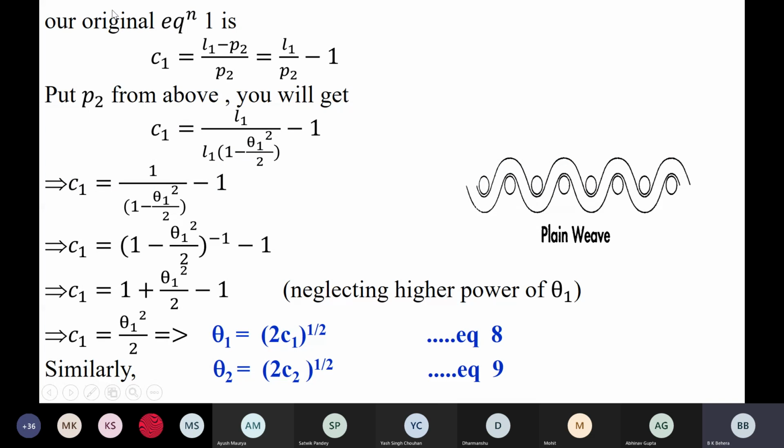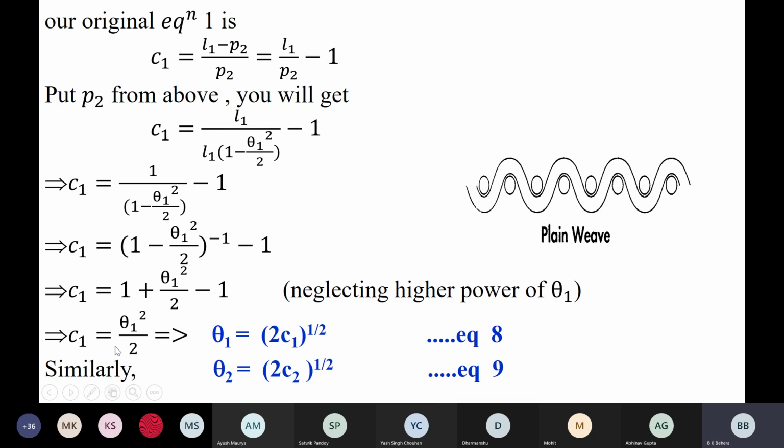So our original equation, equation number 1, was C1 equal to L1 minus P2 over P2, meaning L1 by P2 minus 1. Substitute the value of P2 from above in this.